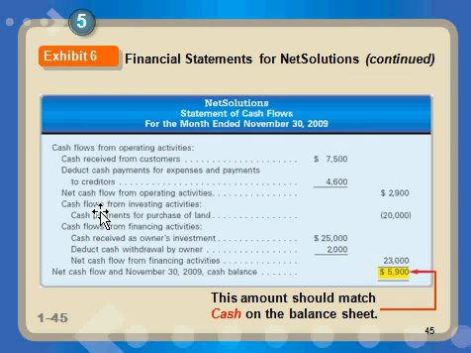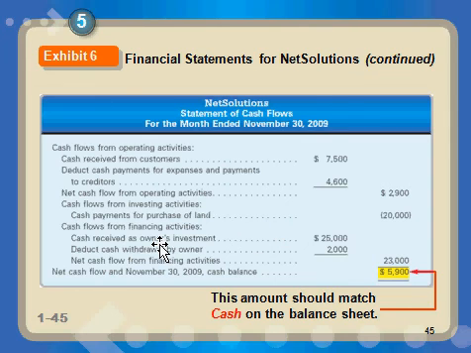And then our next section is cash flows from investing. And Net Solutions bought that piece of land, so we got minus $20,000 there. So if we didn't have some investments from Chris, we'd be in a world of hurt, because we'd have a negative cash flow of about $17,000.